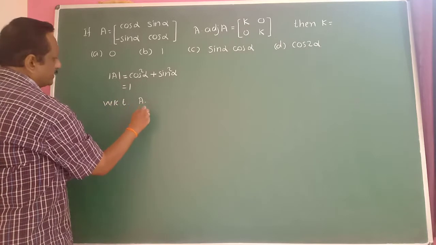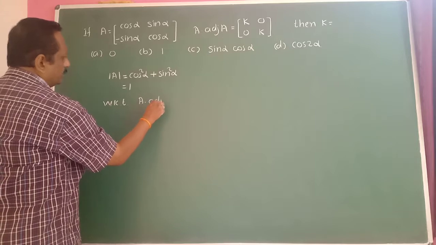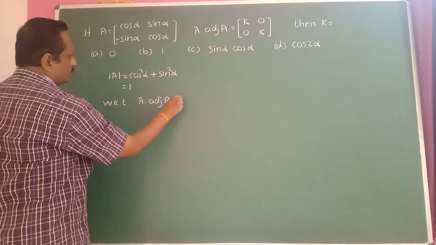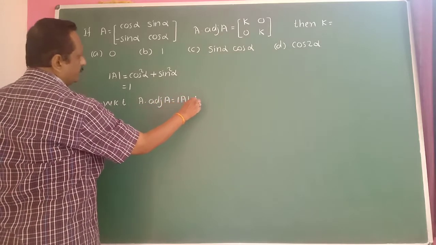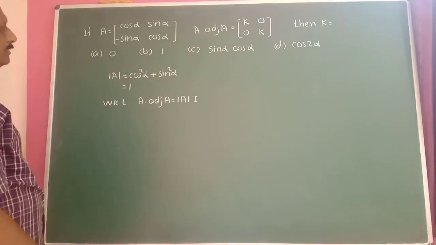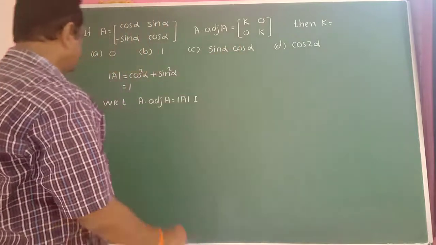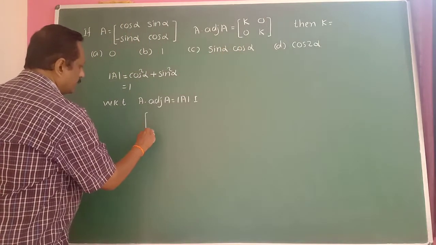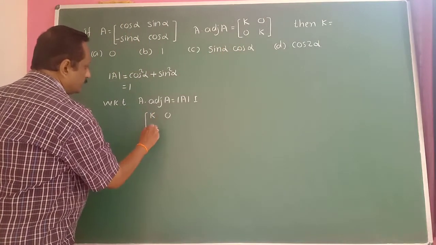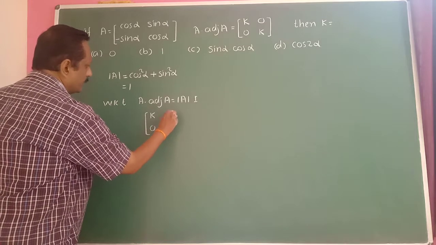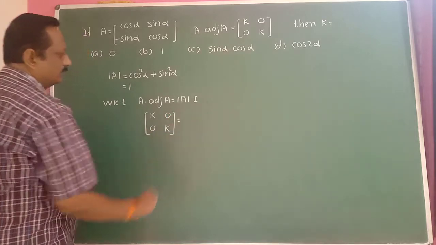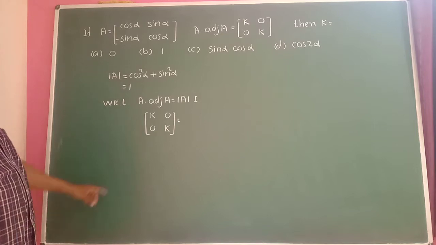the standard result here: A into adjoint of A is equal to determinant of A into I. Okay. Then A into adjoint of A is this matrix here. Therefore, write here K 0 0 K. Then this is equal to, and the determinant of A is 1 here.